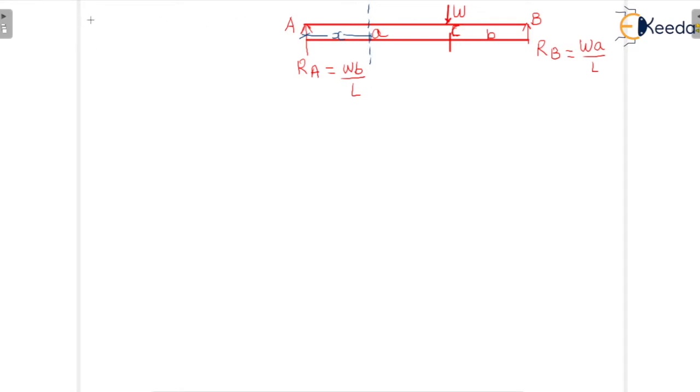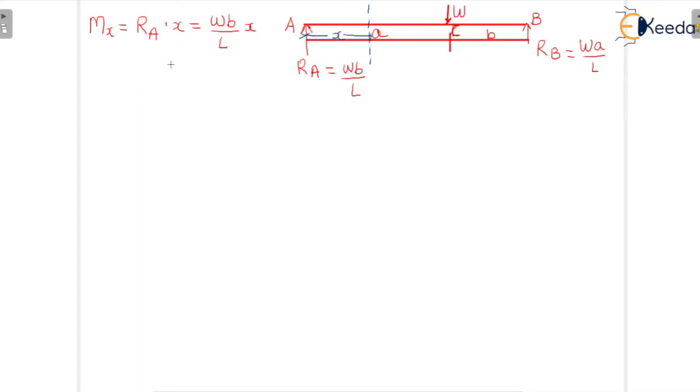Moment at any section x from the support A we can write as RA into x, and RA is nothing but W into b by L, so W b by L into x. Hope this much is clear. Moment at any section x is very simple: just consider the left part and you will get Mx here.